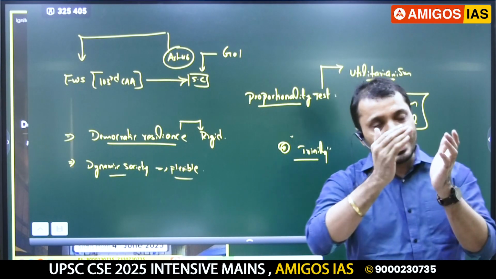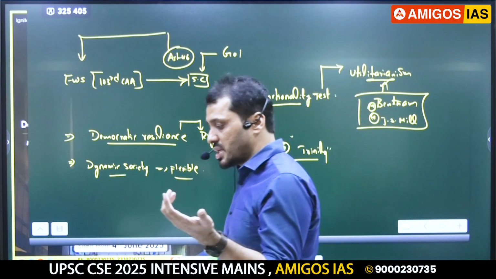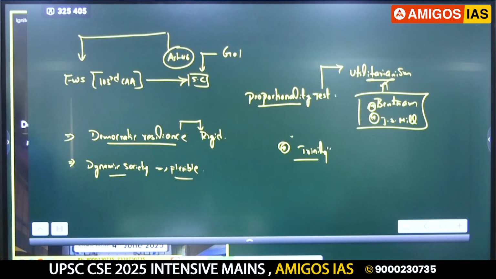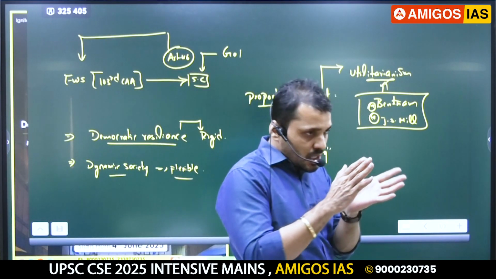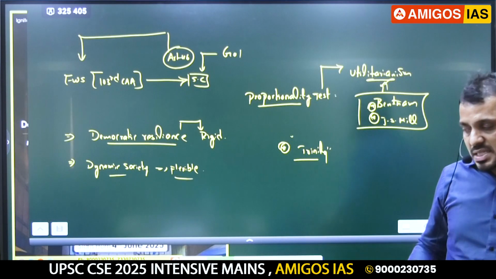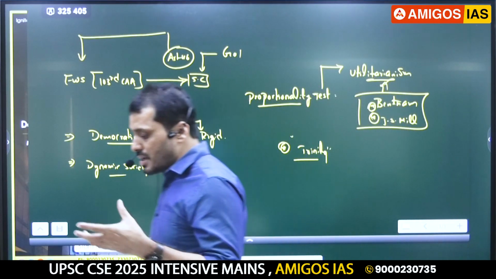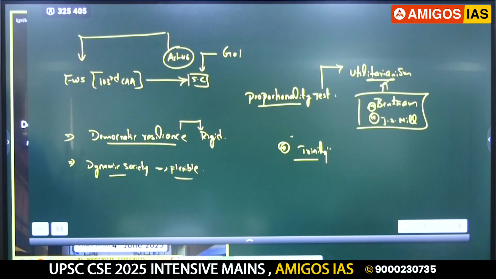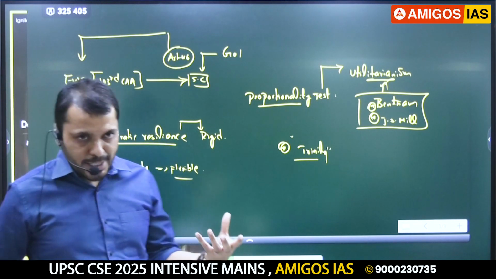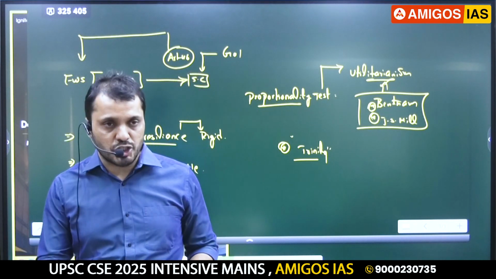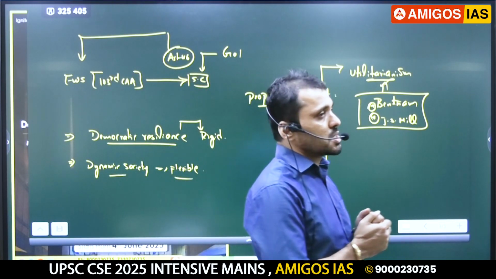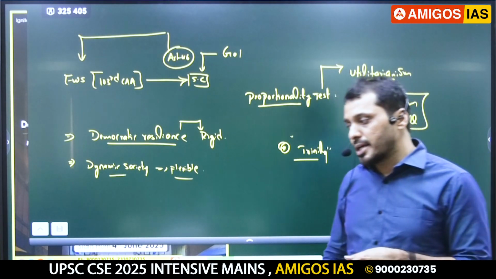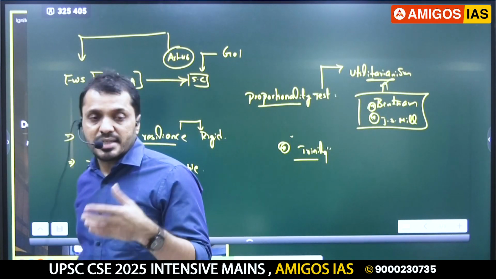Then and there itself, when you are writing Article 14, give a critical examination, like the Governor and President don't come into the ambit of Article 14. In Article 15, while you are writing about education, you have to write a critical examination that even though education reservations are provided, there are still a lot of dropouts, and the Right to Education Act is still not properly maintained. In employment, you can write that even though Article 16 is promoting social justice, there are still some issues regarding Maratha reservations and EWS reservations.